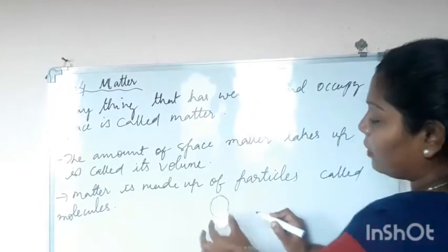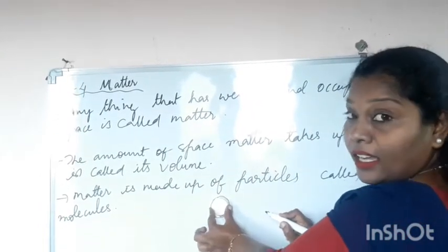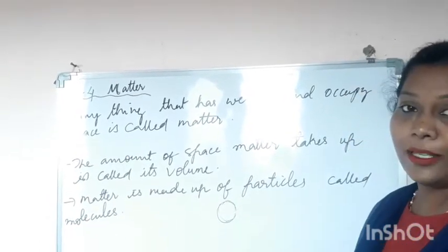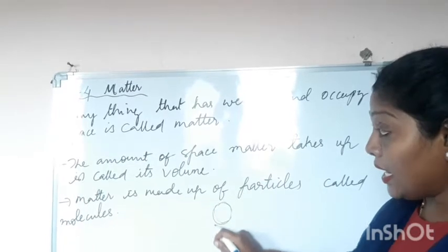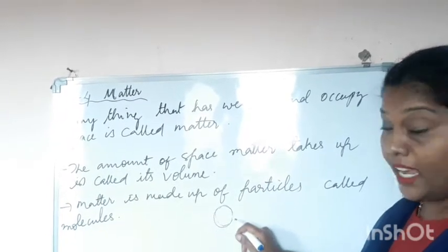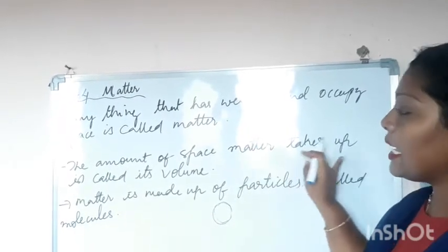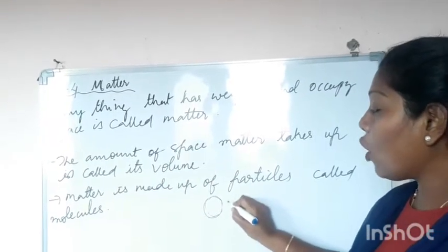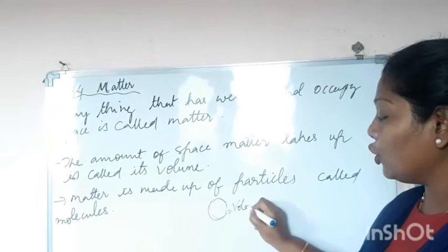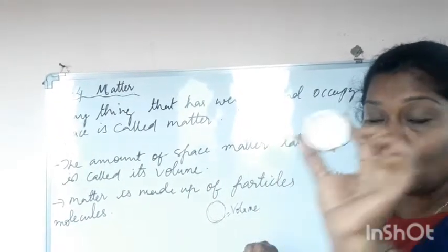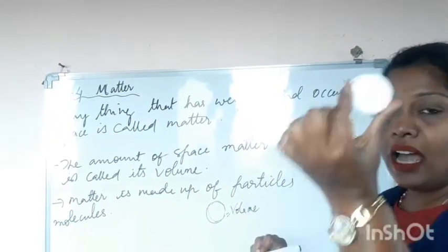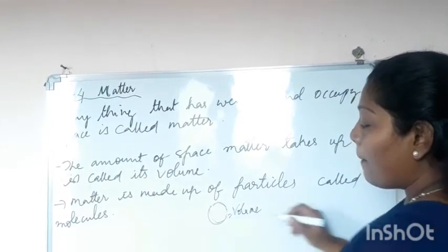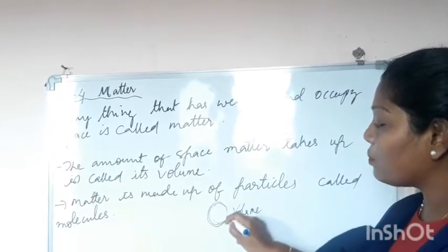The space, the amount of space a matter takes up is called its volume. If I want to calculate the volume of this cap, I have to place it on the board and measure the amount of space.